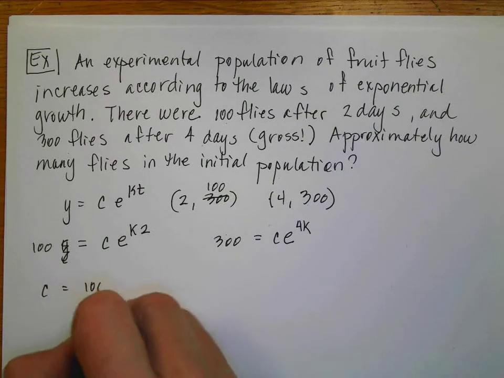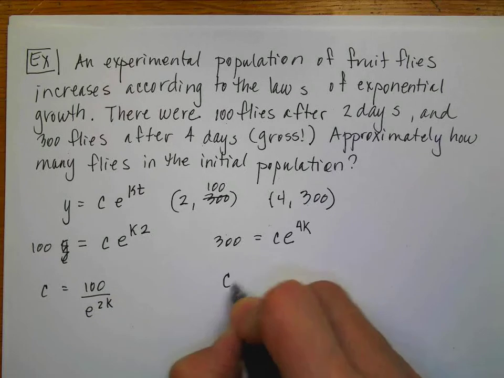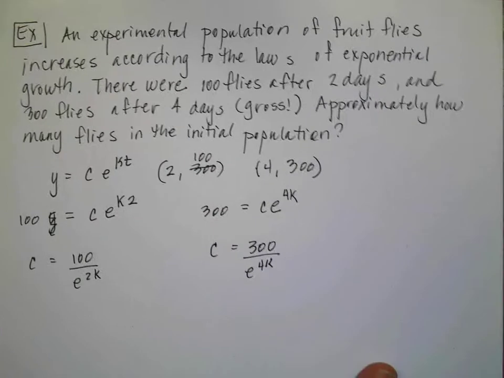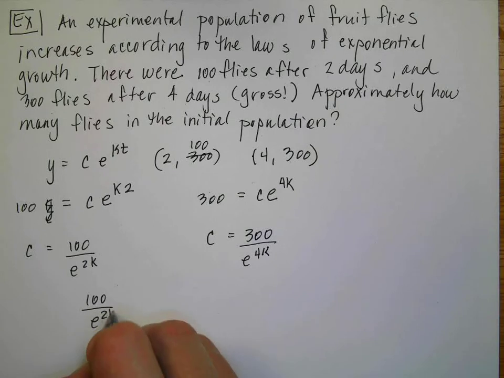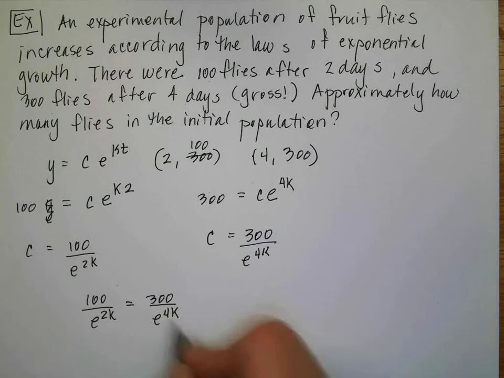I'm going to solve both equations for C. So C is equal to 100 divided by e to the 2k, and C is equal to 300 divided by e to the 4k. Both of the C's are equal, so 100 over e to the 2k is equal to 300 over e to the 4k.